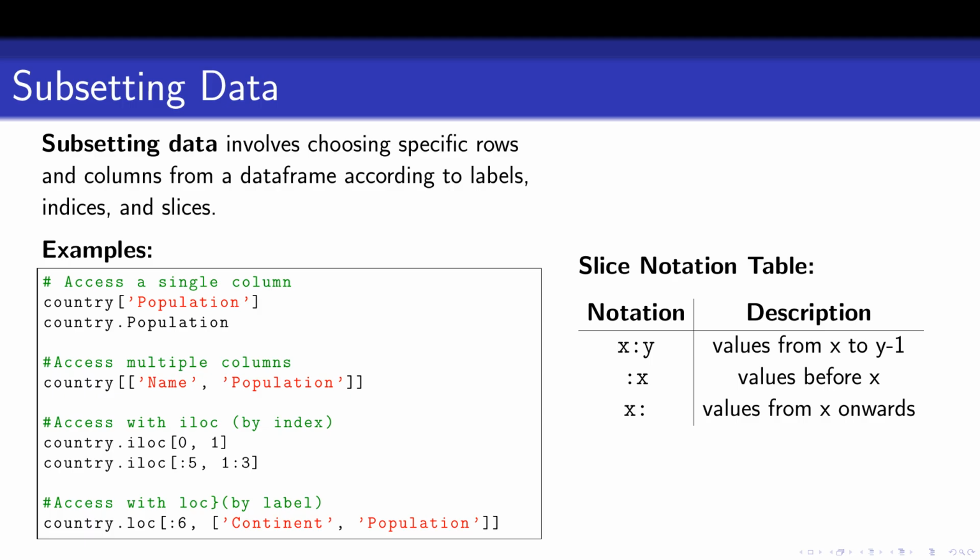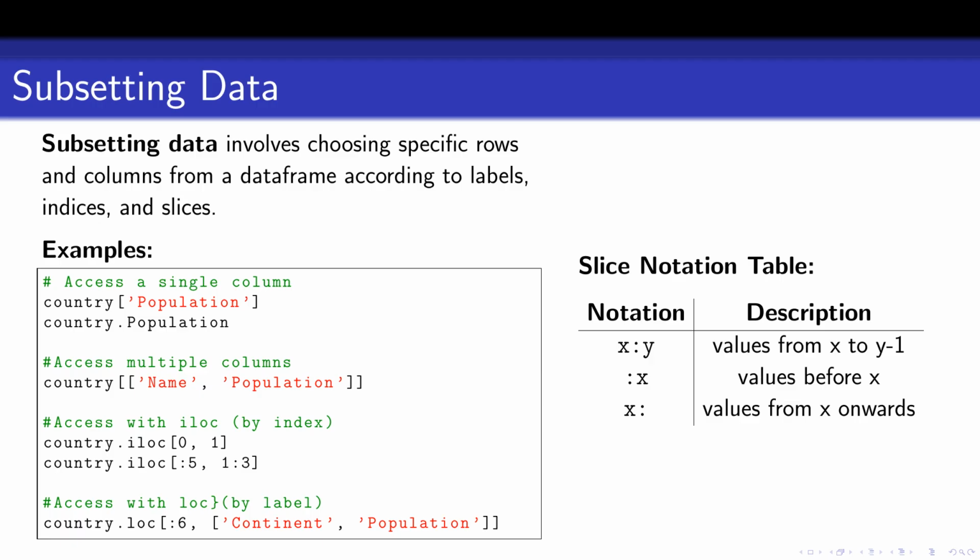Subsetting data is one of the most common and essential tasks in pandas. It allows you to access specific rows, columns, or values from a data frame based on labels, positions, or slices. To access a single column, you can use either df['column_name'] or df.column_name. To access multiple columns, pass a list of column names inside double brackets, like df[['name', 'population']].